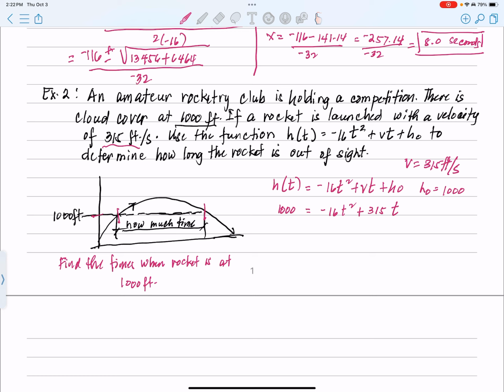Let's make it into standard form. So I'm gonna do this: 16t squared plus 315t minus 1,000 equals 0.